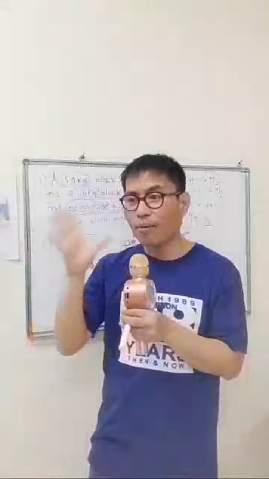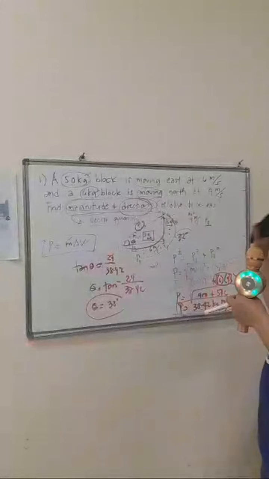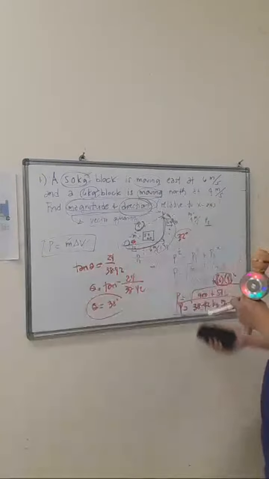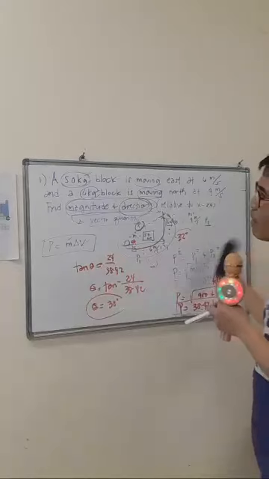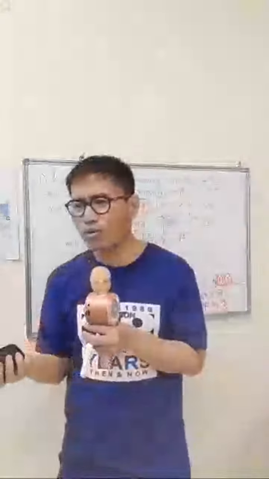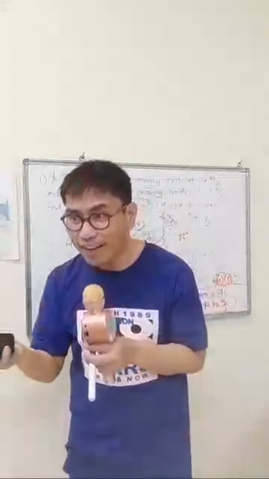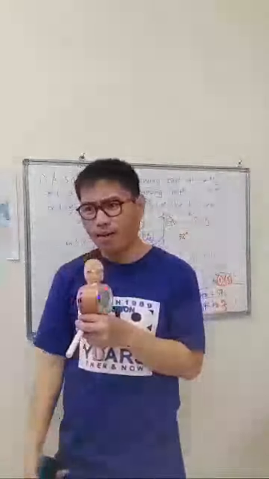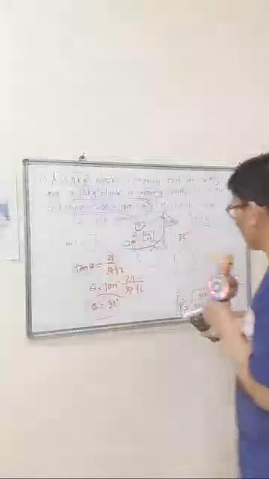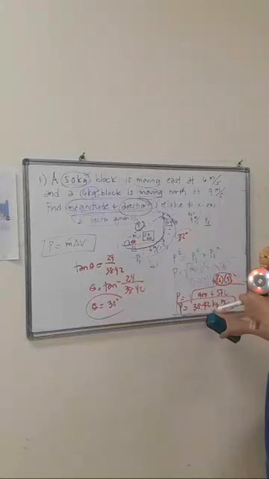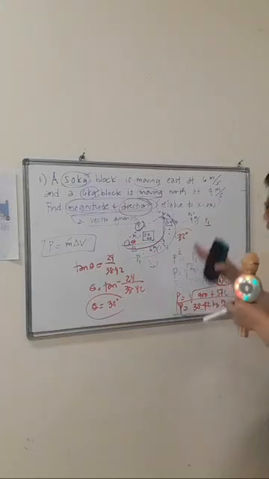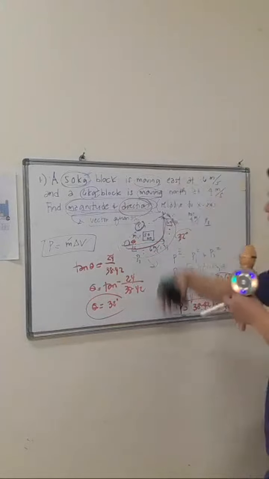You also need to be particular with the grammar of your direction. But I think the angle is already a clear identification. Sometimes the choices will state both the angle and the direction, and that's a problem. In here, the answer will be 38.42 kilogram meter per second at 32 degrees east of north.